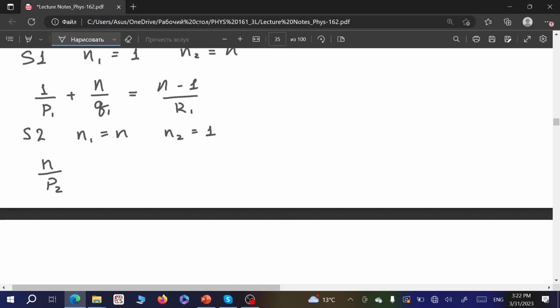We will show this on the slide to make it more clear. Then plus 1 over Q2. This will be the distance of the image created by the second interface, so the final image we are interested in, from this image to the second interface. And that will be equal to 1 minus N over R2.